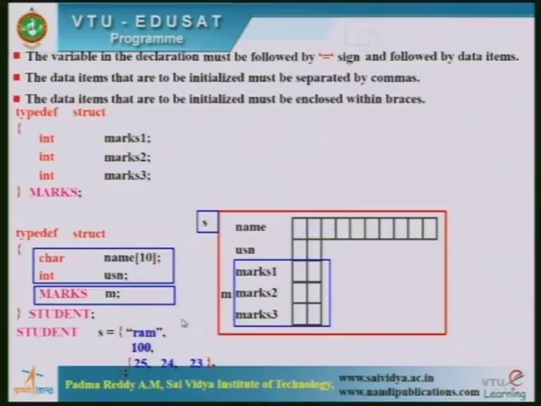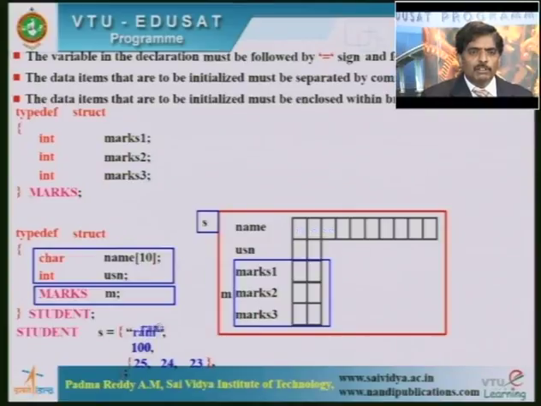Okay, now what will happen here? The Ram will be copied into which field? Name field. What is the next we have here? 100. 100 will be copied into which field? USN. So 100 will be copied into USN field. And before that, when we copy Ram, the string Ram always must end with what? Null character. Next 100 will be copied into this memory location.